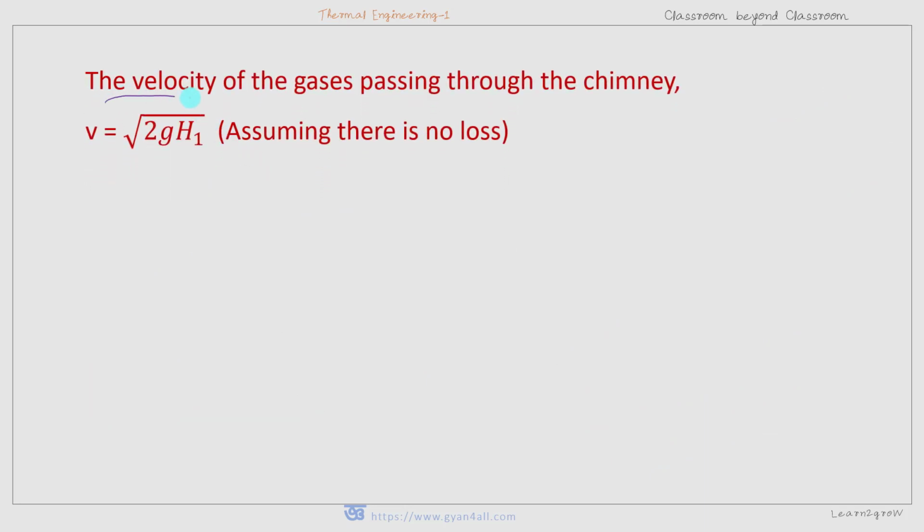So the velocity of gases passing through the chimney, v, is equal to root over 2gh1, assuming there is no loss during the flow. But there is loss in the form of friction between the hot gases flowing through the chimney, and the amount of friction depends upon the roughness of the chimney material.